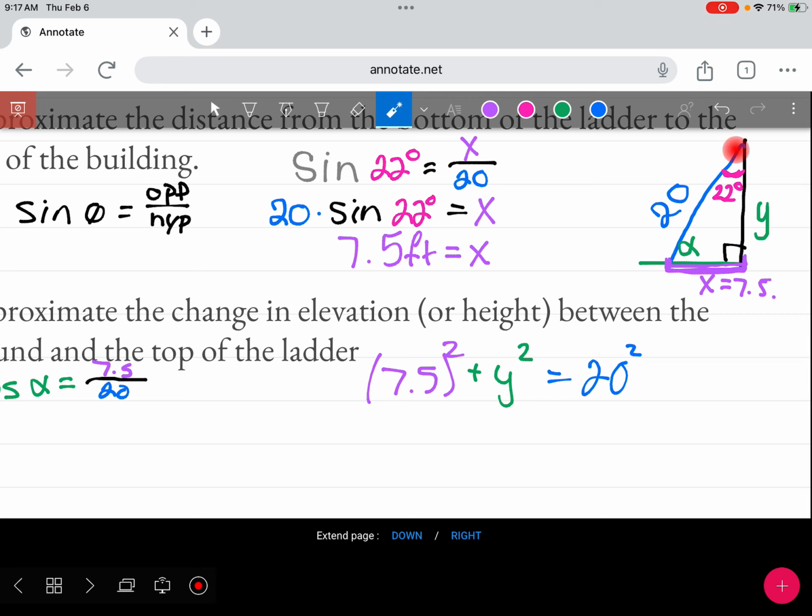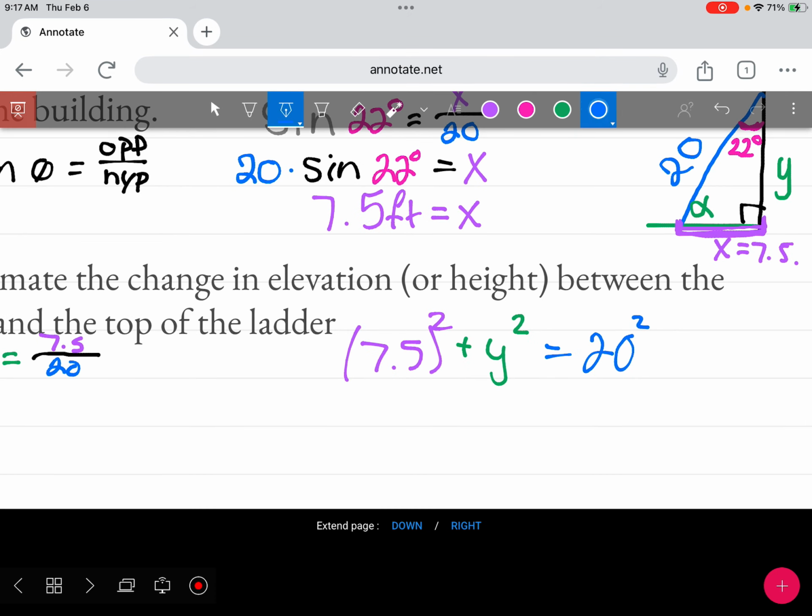A slightly less hard way, but doing the same thing, would be to do cosine of 22 equals y over 20, the very same way we did at the top. That would also work. But honestly, I still think Pythagorean theorem is the easier way to go. Because 7.5 squared gives us 56.25. 56.25 plus our y squared equals 400.